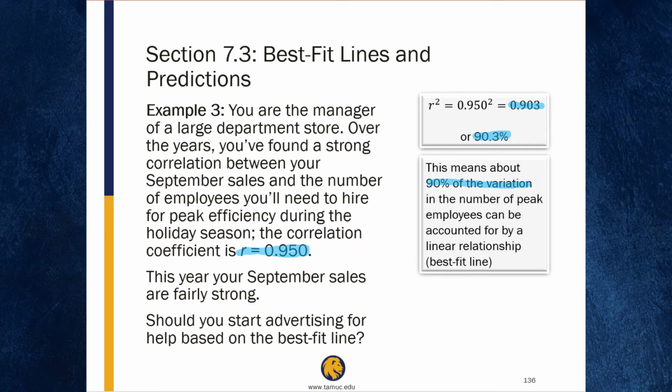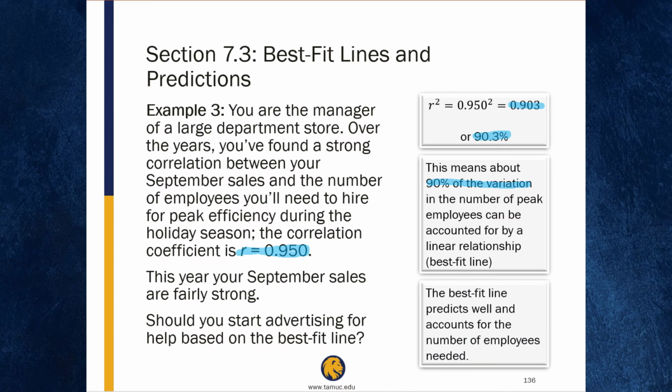So about 90% of the time, the best fit line is accounting for the number of employees needed. So the best fit line, if that's 90%, is going to be fairly good for predicting the number of employees needed. So it would be a reasonable prediction based off of this calculation.